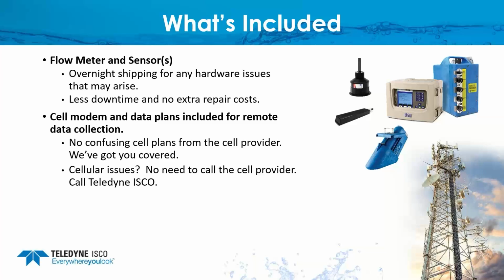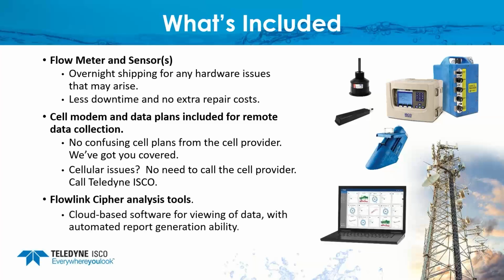When you go out into the field and put the equipment in, it's up and running. If you have any cellular issues, you don't need to go to your cell provider. You can come to us directly. We will know exactly what you have and what you need in your account to get you up and running quickly if you run into any problems. So everything from hardware to even the cellular service, we have you covered.